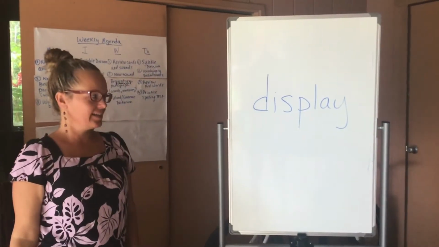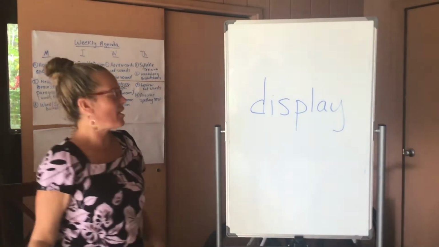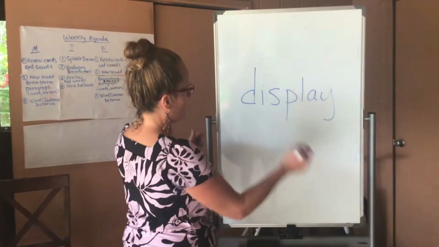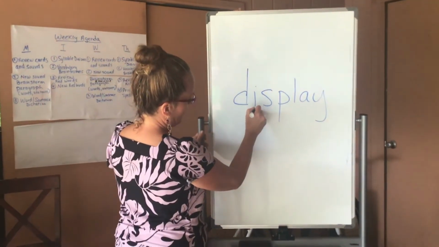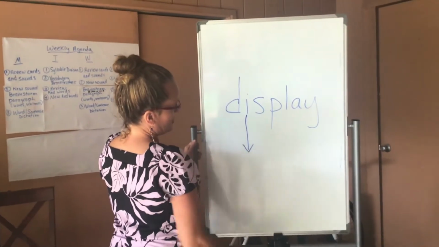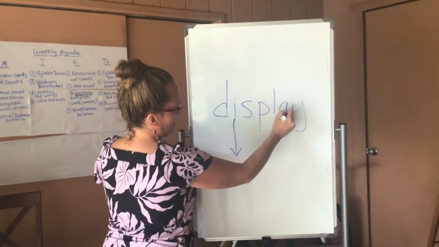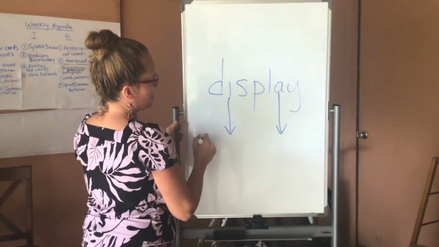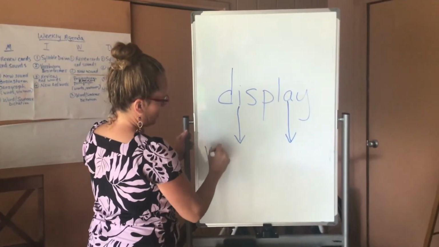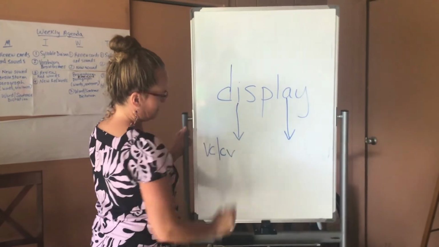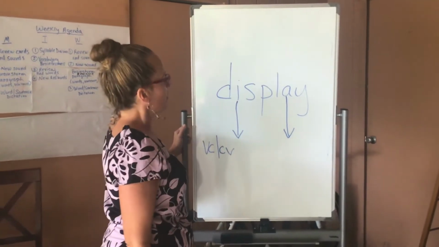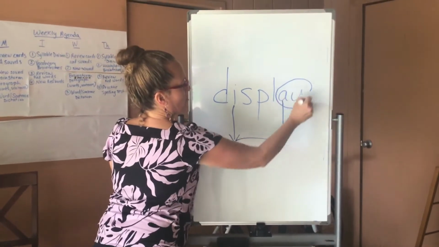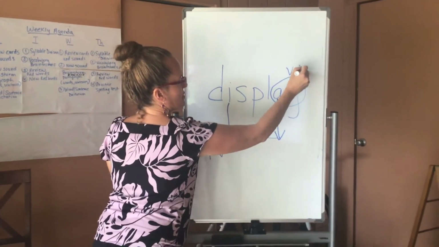Okay, you ready for this next one? All right, we're going to look at the vowel first. The I, we're going to bring it down. The next vowel is an A. Okay, I want to say that this is going to be a vowel, consonant, vowel. It's going to be different than the other two. All right, I'm going to draw my boat. I have to draw a circle around this vowel team, right?